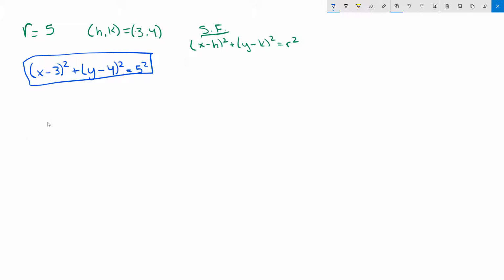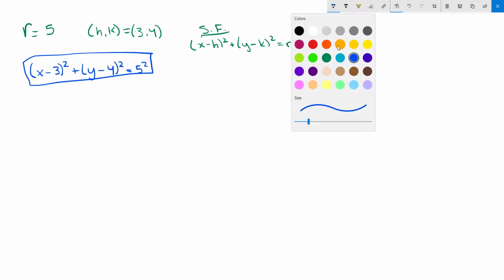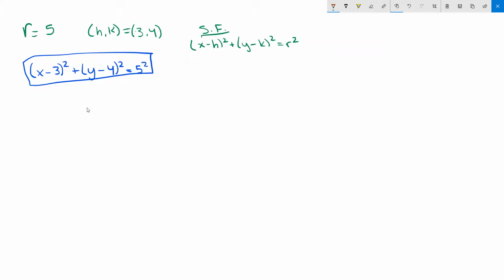Now, to change it into general form, it's not hard, it's just a little tedious. For those of you who are good at expanding equations or foiling, you shouldn't have too much of a problem with this. I'm changing the color so you know I'm expanding to the general form.